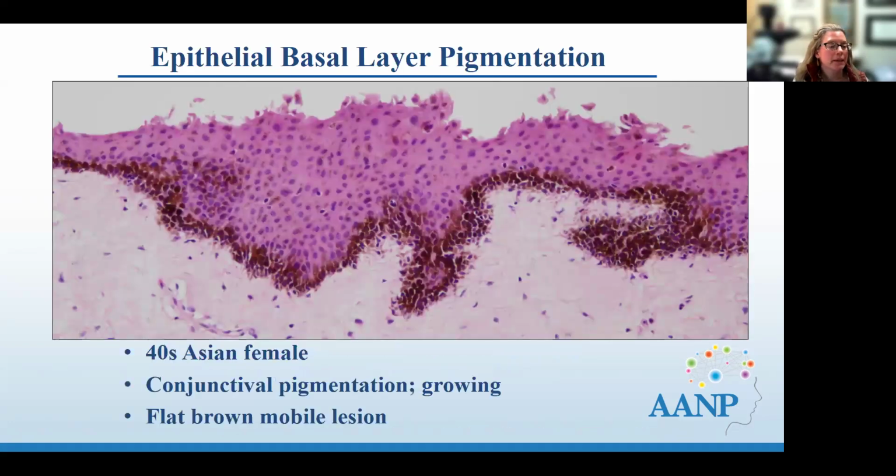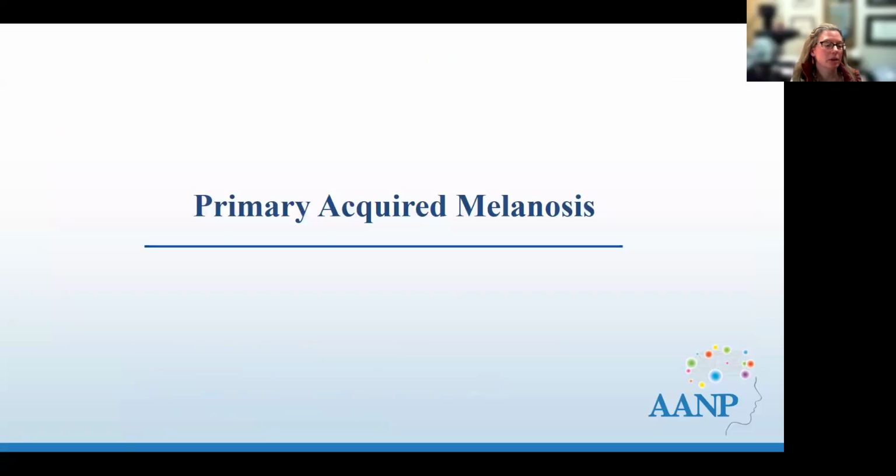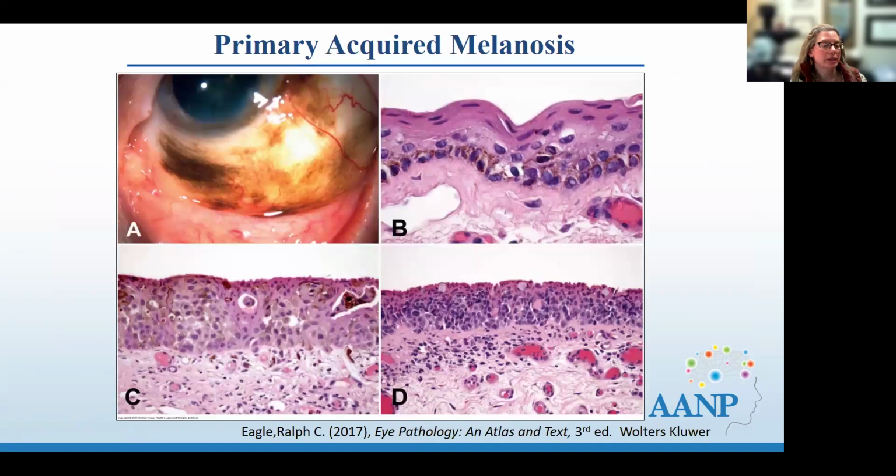Okay. Here's a patient who is mid-age and she has new pigmentation. It's growing, it's flat and mobile, but you see that there's a lot more pigmentation here. And so that's primary acquired melanosis. And here's a nice overview where you can see the benign melanosis that's acquired, and then progressing into primary acquired melanosis, and then eventually invasive melanoma.